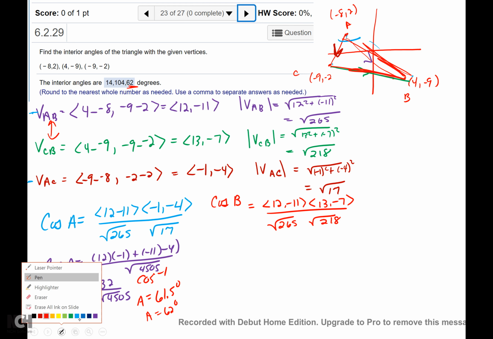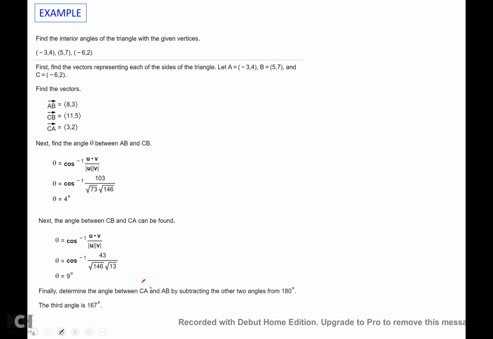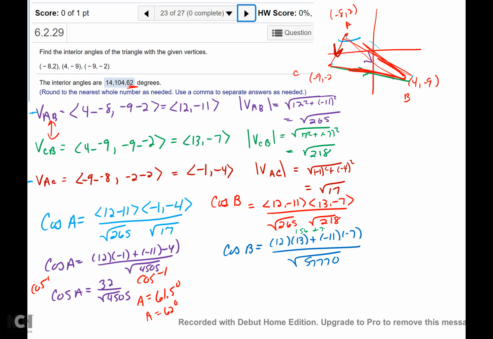So if I simplify, I'm going to get cosine B equals 12 times 13 plus -11 times -7 over the square root of 57770. If you simplify that, you're going to get 156 plus 77.